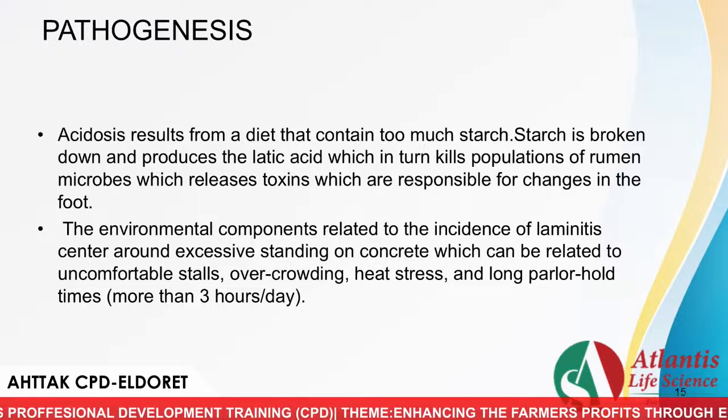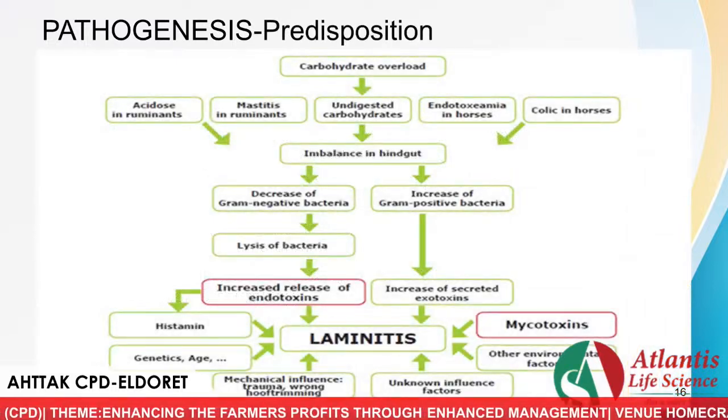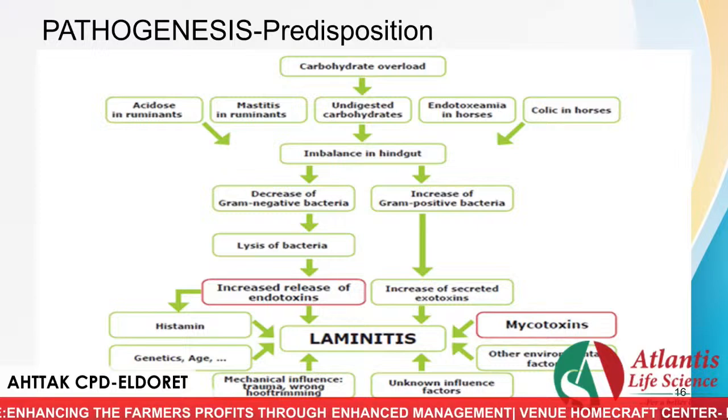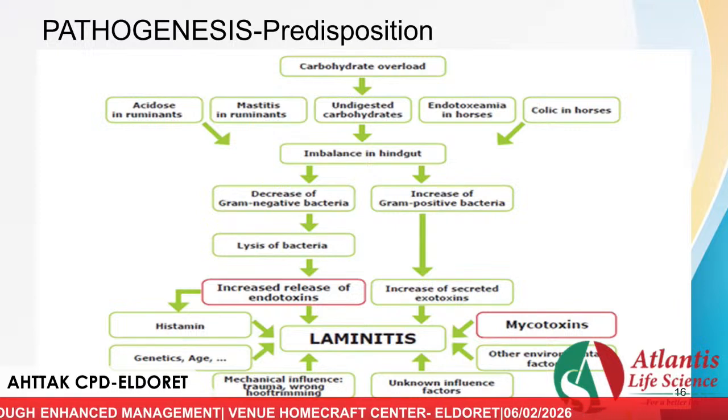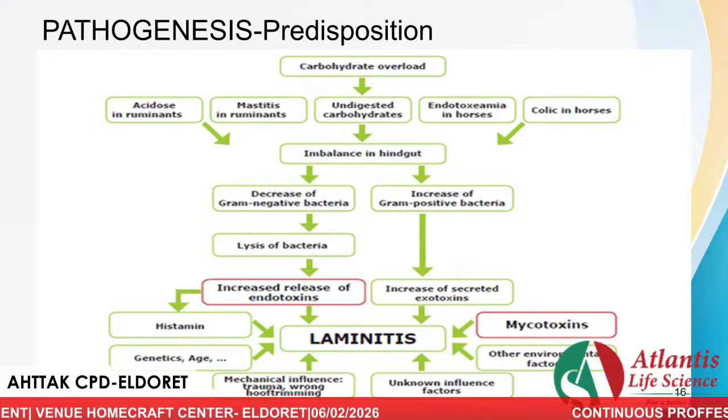So, in a nutshell, this is basically what we were saying. I don't know whether it's a graphical presentation or something like that. So here we have the carbohydrate overload, what you normally call grain overload.